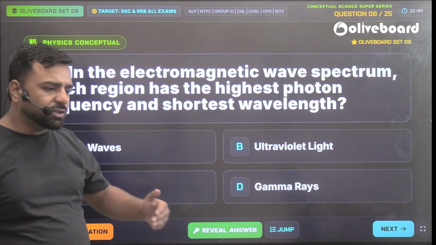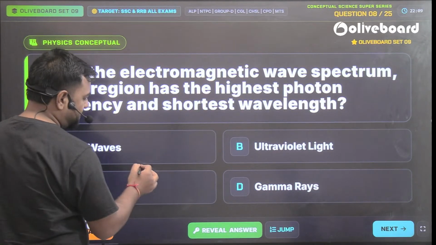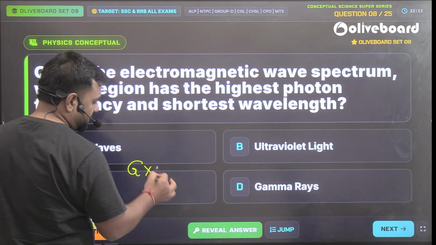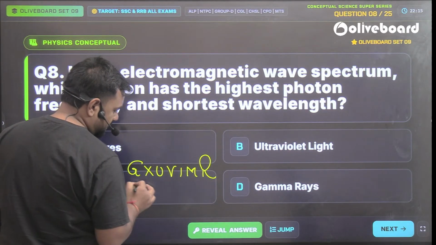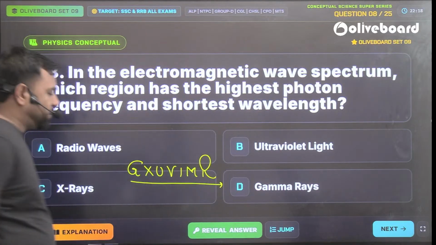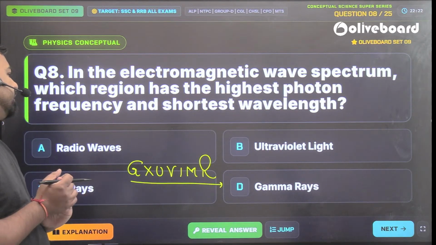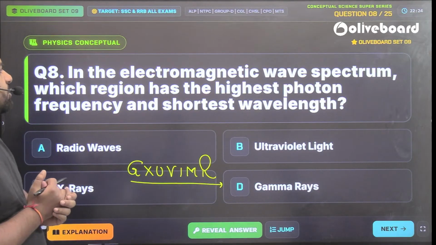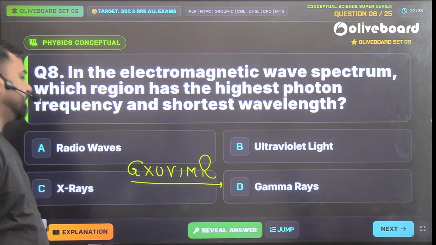There we had the sequence order, VIBGYOR. Here we have the sequence order GXUVIMR: gamma ray, X-ray, ultraviolet, visible, infrared, microwave, and radio wave.